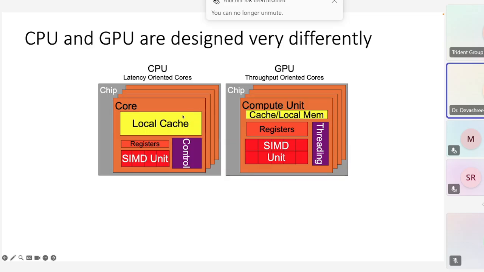As you can see, the yellow portion is much bigger in the CPU compared to the GPU. Second, the GPUs have registers. The red portion, the registers, is bigger in the GPUs compared to the CPUs. The SIMD units, which are basically the computing cores, are also very big in the GPUs compared to the CPUs. CPUs have control logic, but GPUs do not have any control logic. Rather, they have thread management logic.